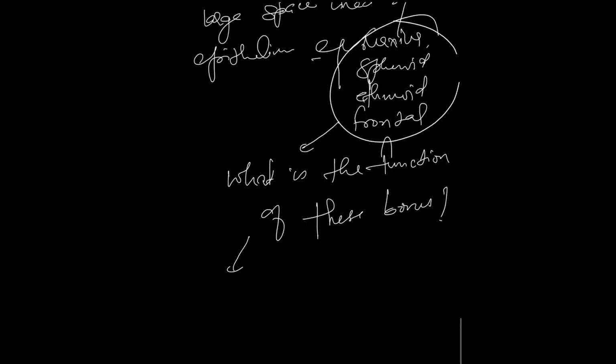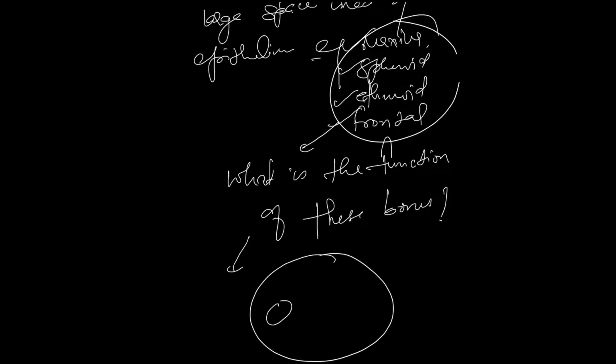Mostly, where is the maxilla present? Where is sphenoid? Where is ethmoid? Where is frontal? If we make a rough diagram of face, these are the positions of these pneumatic bones. This is maxilla, this is ethmoid, this is frontal.